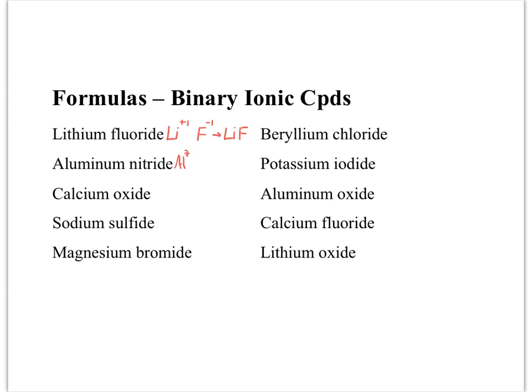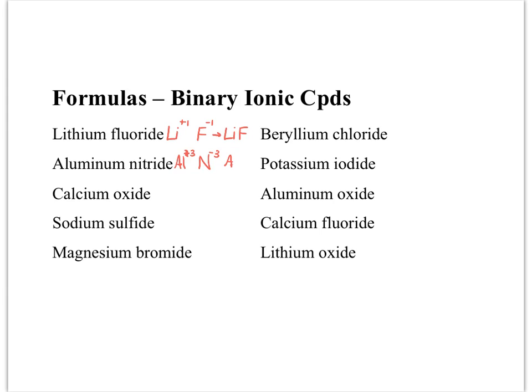Aluminum is a +3. Now, if you look at nitrogen's box in the periodic table, it has like 7 different possible oxidation states listed. For the nonmetal, you're going to use the top number that's listed, which is -3. So again, for this example, the +3 and the -3 balance each other out to 0. So I don't have to crisscross this at all.